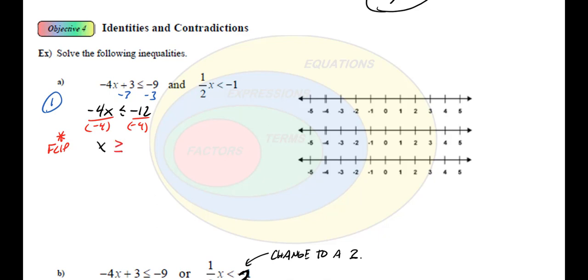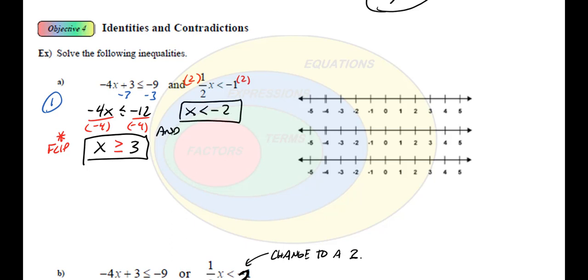The left side would be x, and the right side would be positive 3. That's the inequality on the left. Solving on the right, we just need to multiply both sides by 2, and we would end up with x is less than -2.